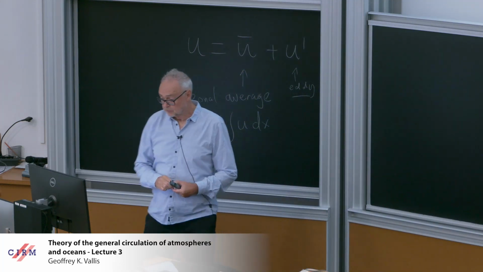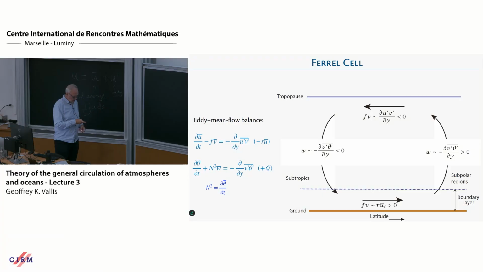And in the Ferrel cell, this is towards the equator, this is at high latitudes. The Ferrel cell circulates like this, and the balance is between the Coriolis force and the eddy terms at high latitudes.